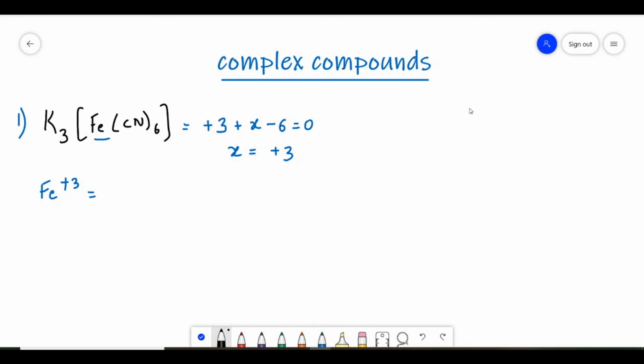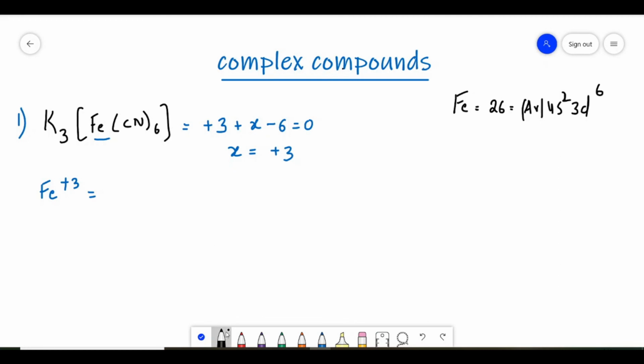Before going to that, Fe has atomic number 26, and its original configuration is argon 4s2, up to 4s2 it is 20, so 26 means 3d6. So this is the configuration of Fe.